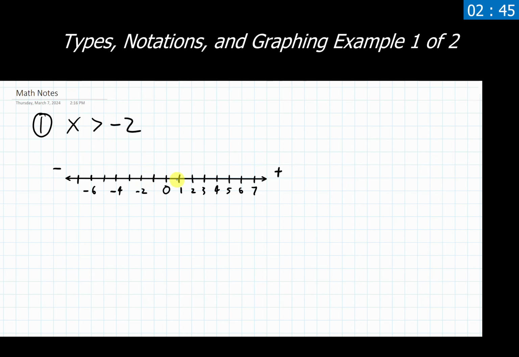So all of the numbers to the right here in the positive direction are all greater than this. So I can put a parenthesis right at -2, and then everything after this fills in as potential numbers. So everything to the right of -2 works.